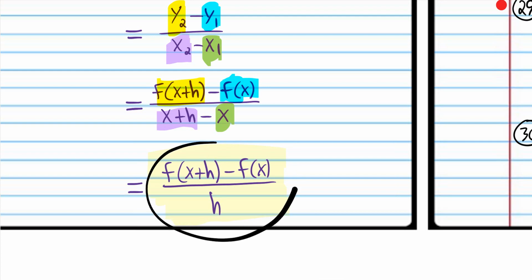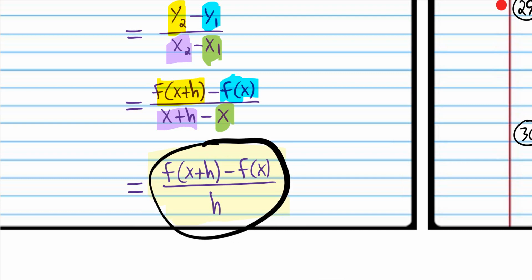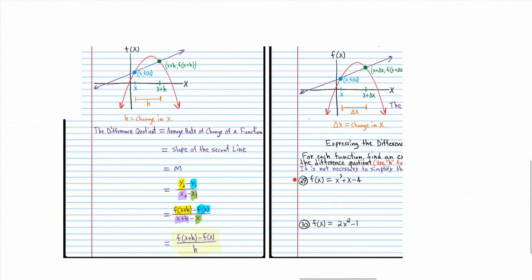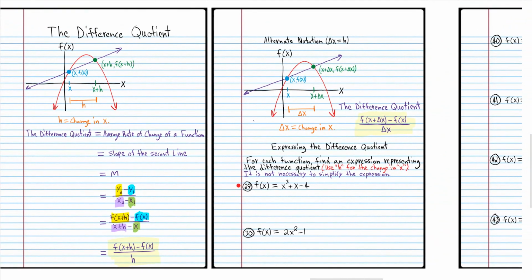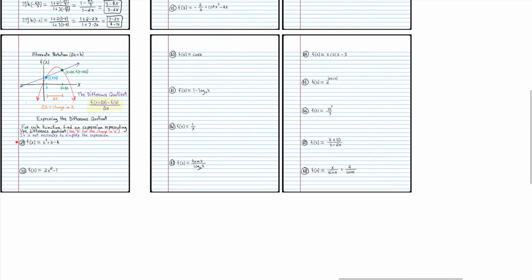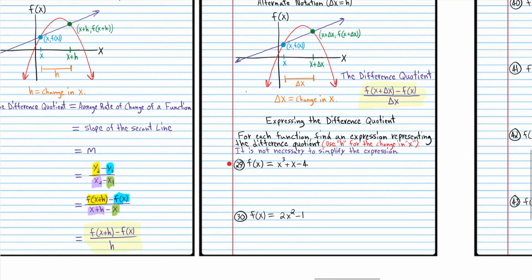Now, why do we care about this? Well, this expression is used in a formula that is the foundation of the entire calculus curriculum. So it's a pretty important expression. I just want you to be aware that sometimes instead of h, the expression delta x is used. So notice down here we have h.